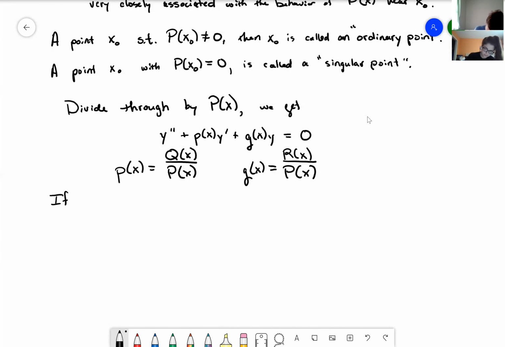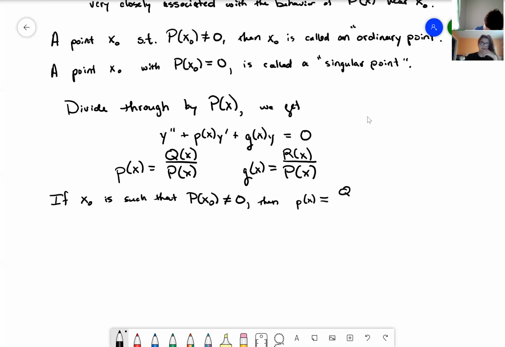And if x0 is such that P of x0 does not equal 0, then this is an ordinary point.